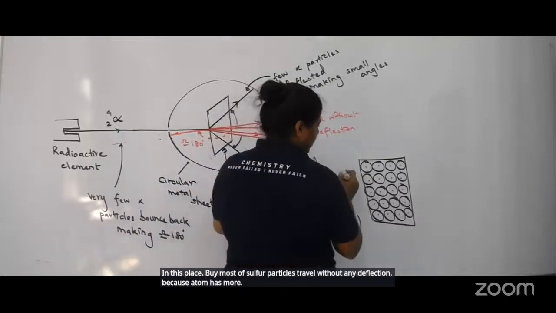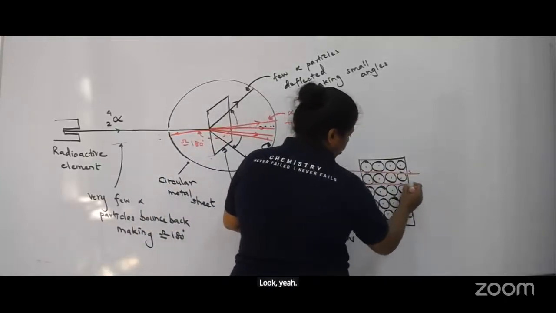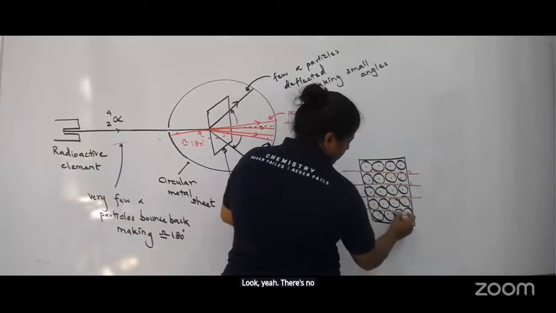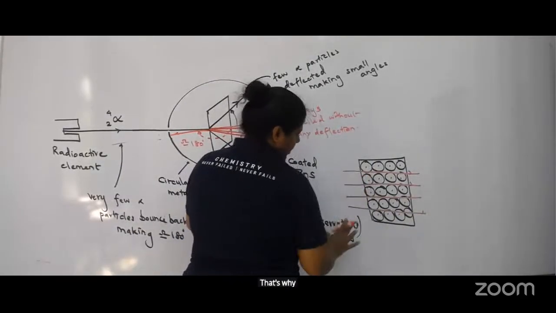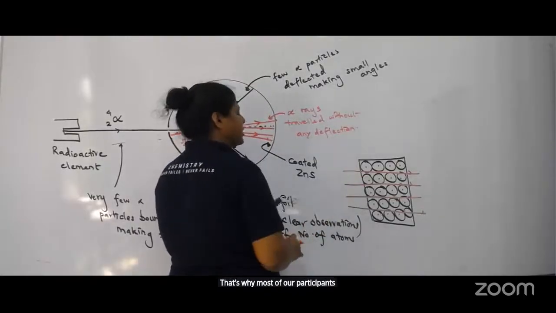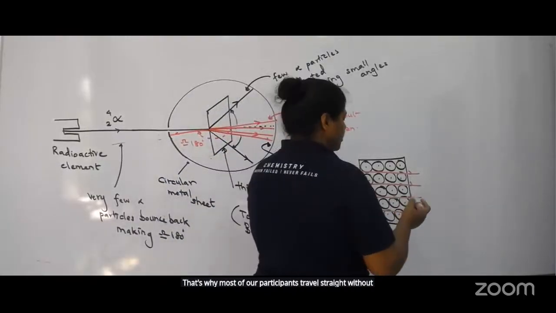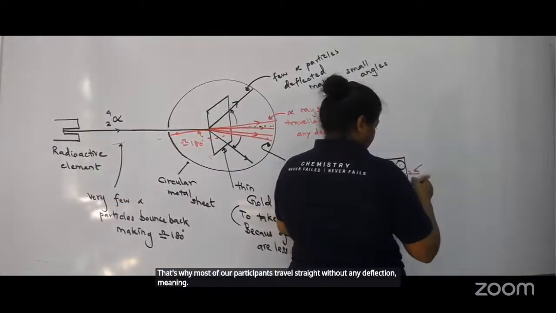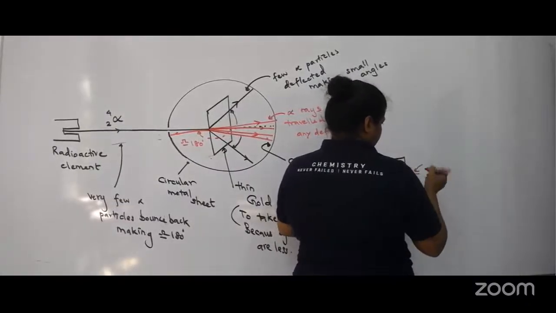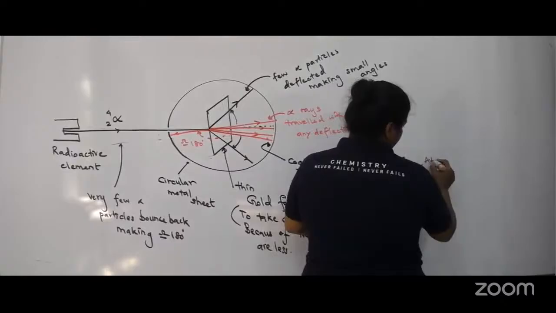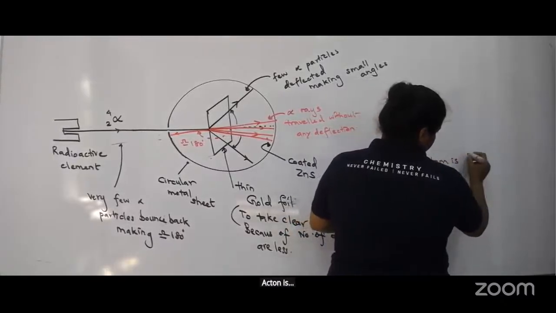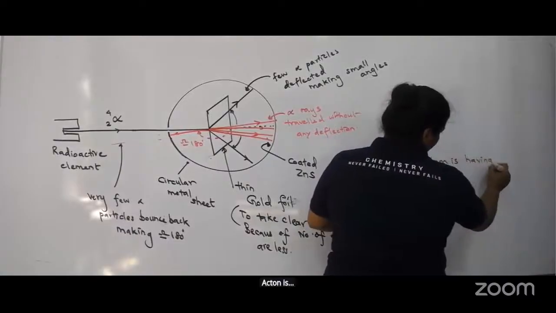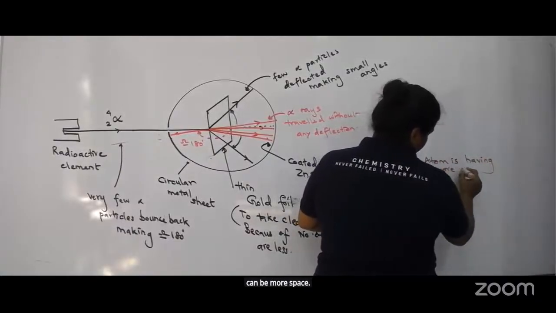Look here, there is no disturbance. That's why most alpha particles travel straight without any deflection, meaning the atom has more empty space.